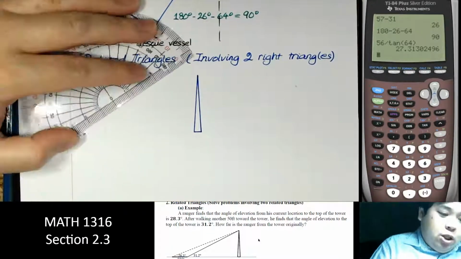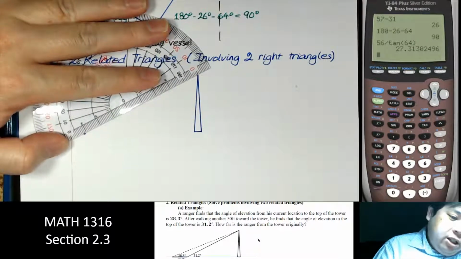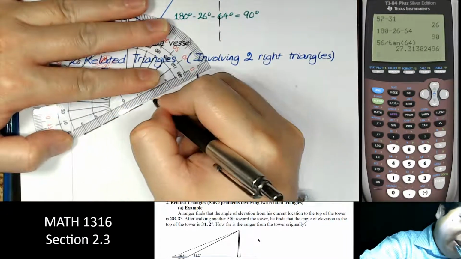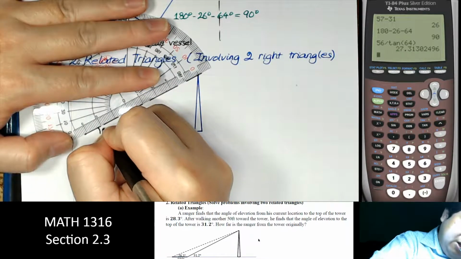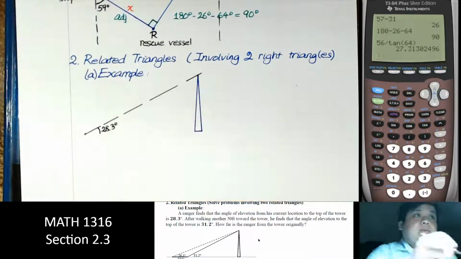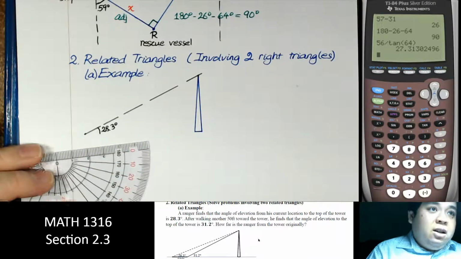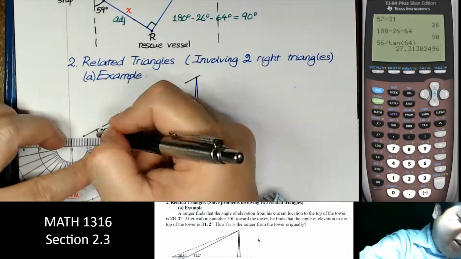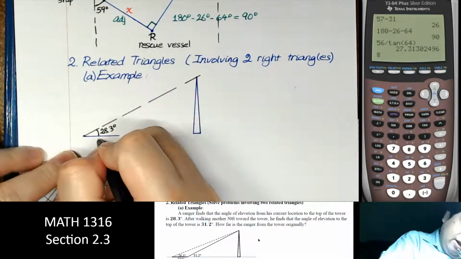First, he looks up to the top of the tower, and the measurement is 28.3 degrees. Then he walks 50 feet toward the tower.